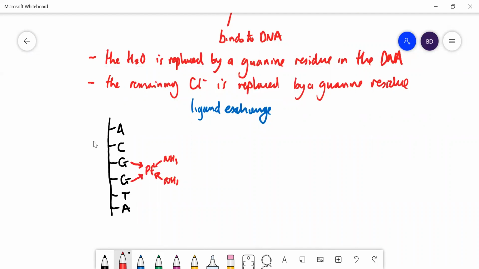When you've got 2 Gs next to each other like that, it's particularly damaging to the DNA, because that cisplatin will be bound to the DNA, and for DNA to replicate, you probably know that it needs to unzip. The enzyme has to bind to the strand, and of course it won't be able to do that if this big cisplatin thing is in the way. So it will stop DNA replication.